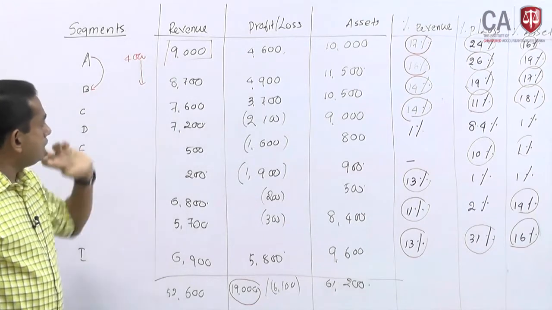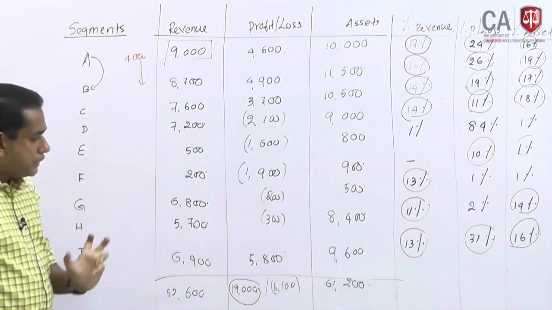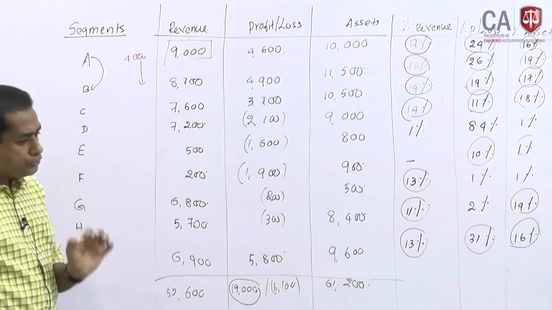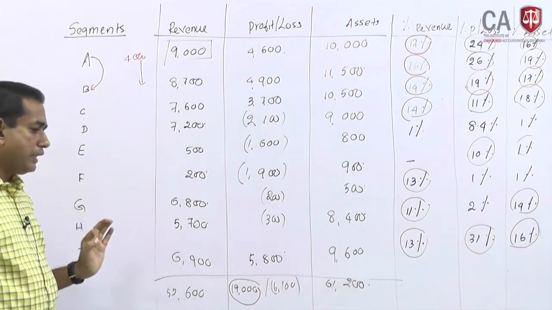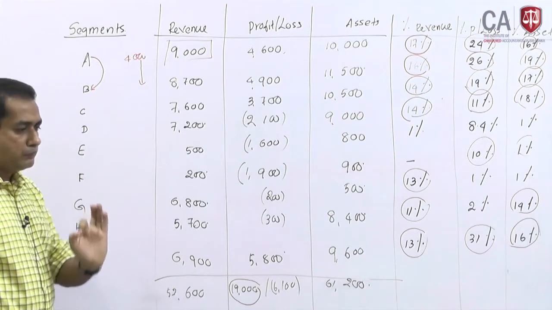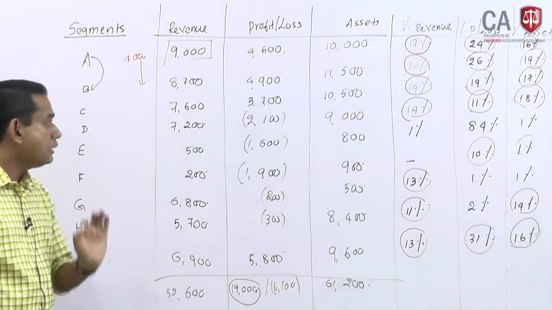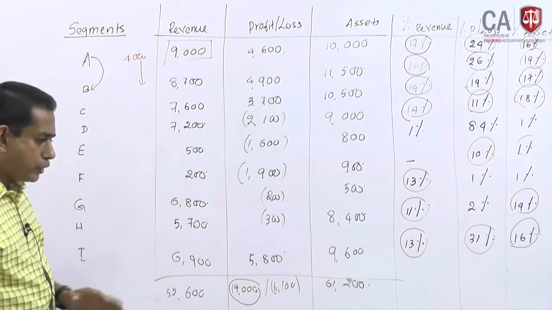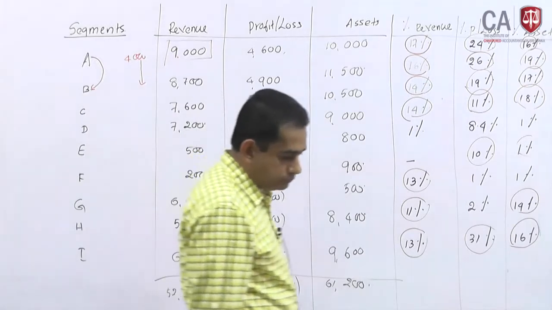The total revenue is 9,000, which includes intersegmental sales of 4,000. So, it does not matter that you include intersegmental sales in the sales of each segment in calculating the 10% of the combined total revenue. You need not remove it, just let it be included.